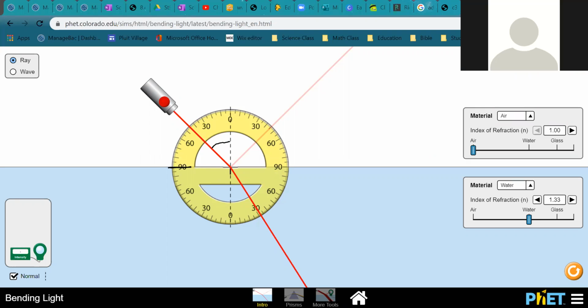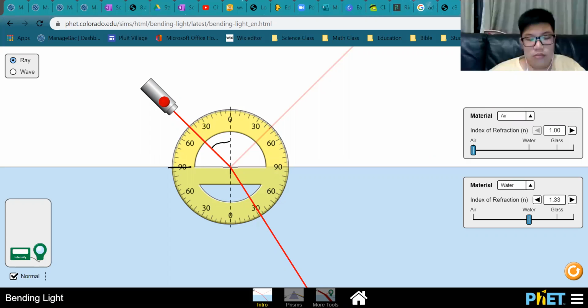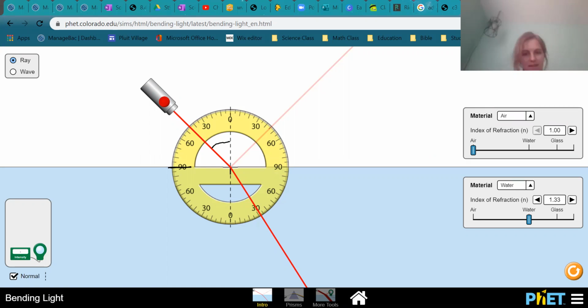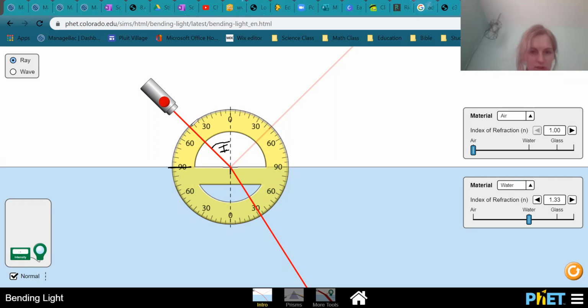So let's say we need to find the incident angle, reflected angle, and refracted angle. This is the incident ray, the first one. In order to find the incident angle, you would see how many degrees over here it comes.